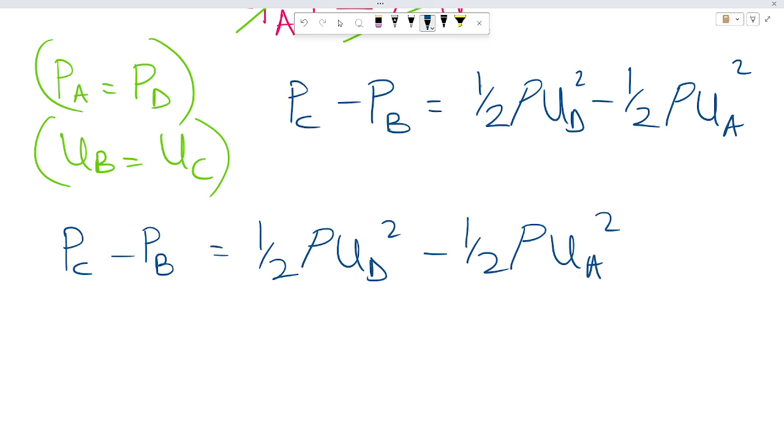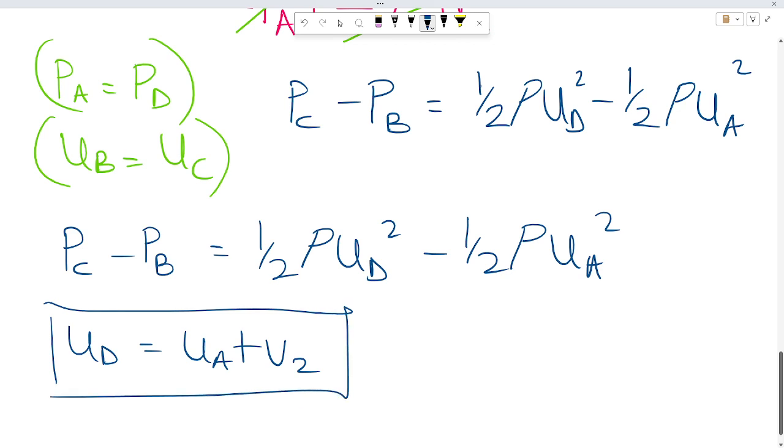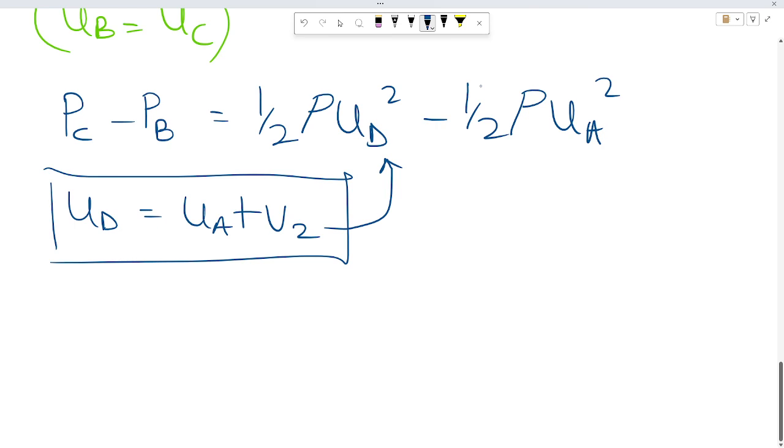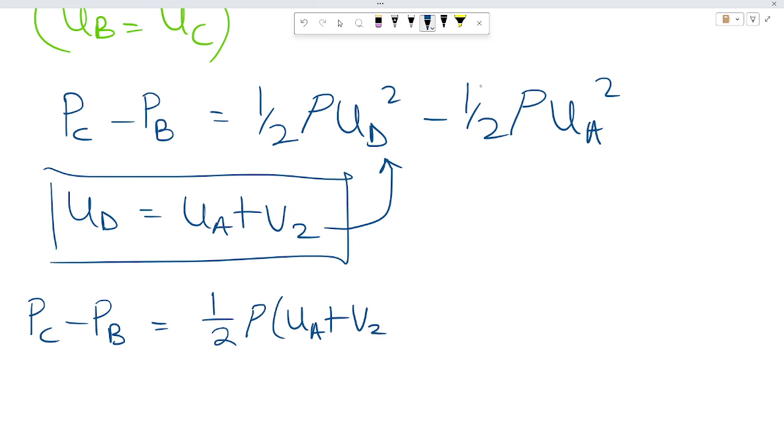And don't let us forget that UD equals UA plus V2 from the previous equation. So by slotting it into this particular equation, you can derive that PC minus PB equals half rho UA plus V2 squared minus half rho UA squared.